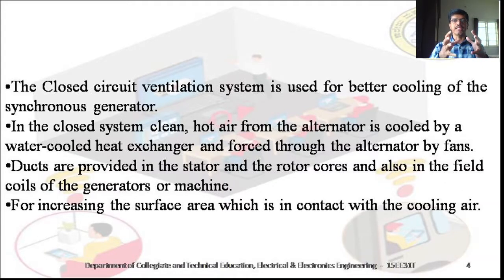Whatever heat is produced in the machine is extracted by the heat exchanger, and the air is cooled with the help of forced fans located near the machine. Also, ventilating ducts are provided in the stator and rotor cores and in the field coils of the generator in order to circulate the forced air.